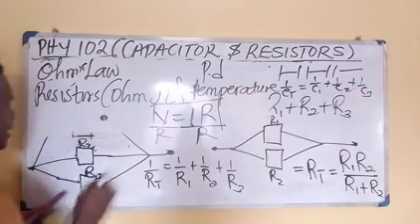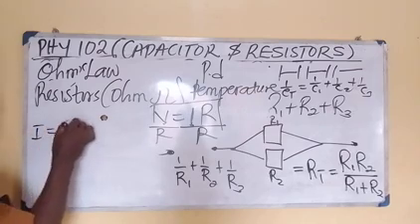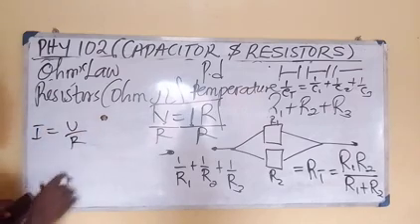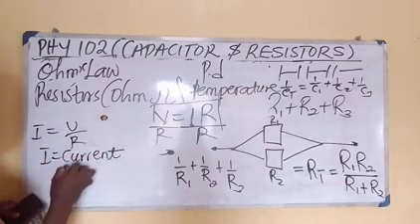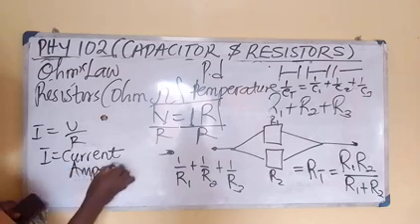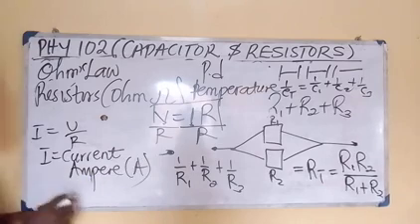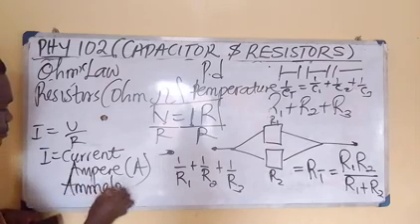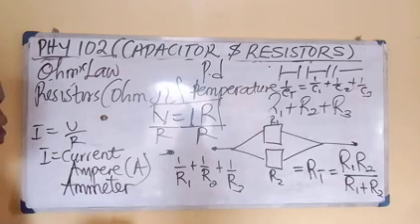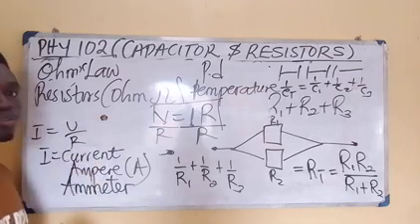So I'll have current I becomes V over R. And don't forget that current is measured in amperes, with the big letter A. The instrument used to measure the amount of electric current is called an ammeter.